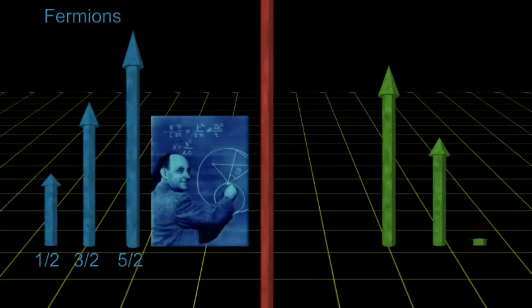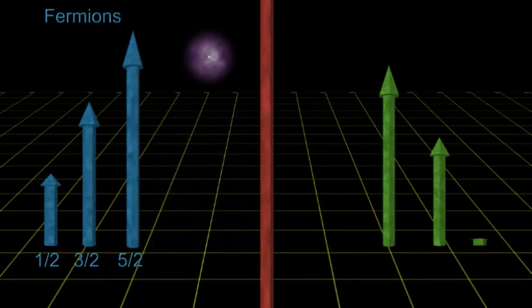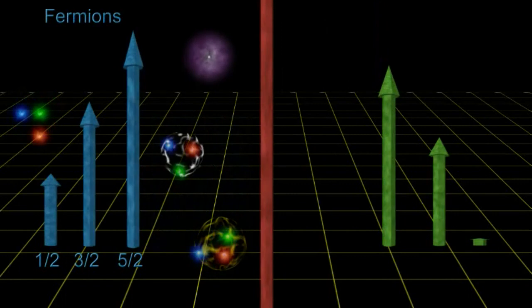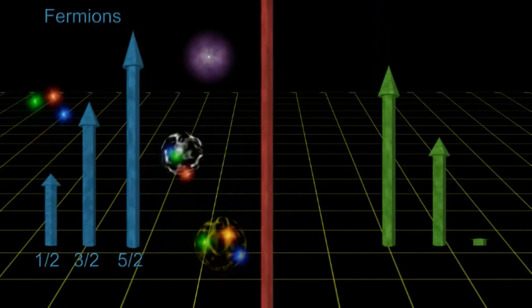The name comes from Enrico Fermi, who along with Paul Dirac developed the statistical methods of dealing with them. Fermions are said to have half-integral spin. And as indicated above, electrons, quarks, protons, neutrons are all in this family.